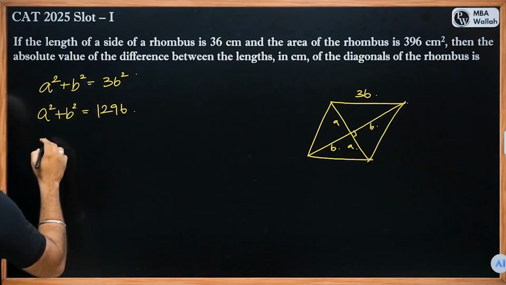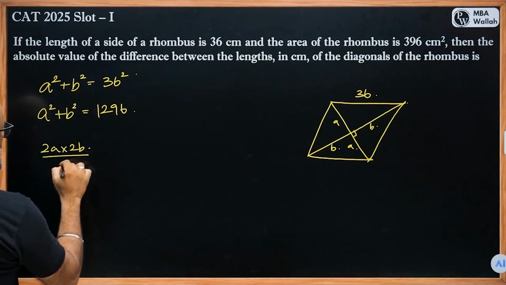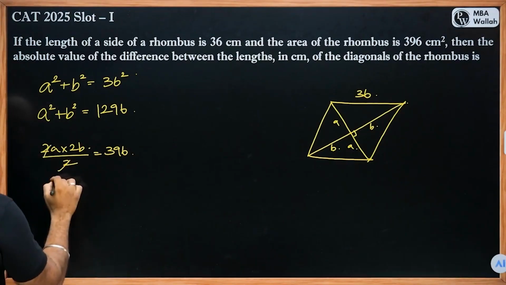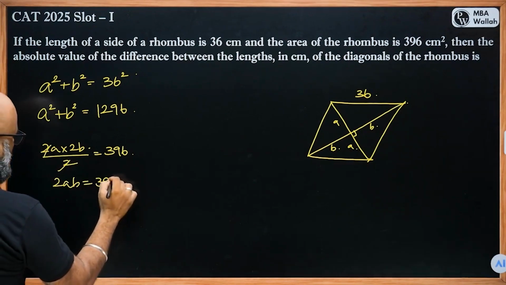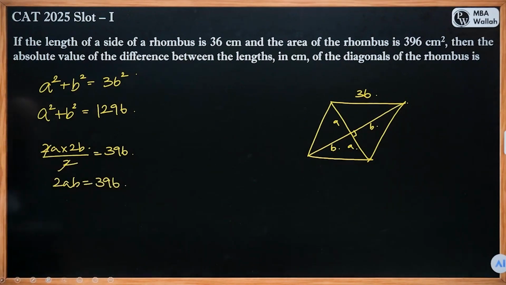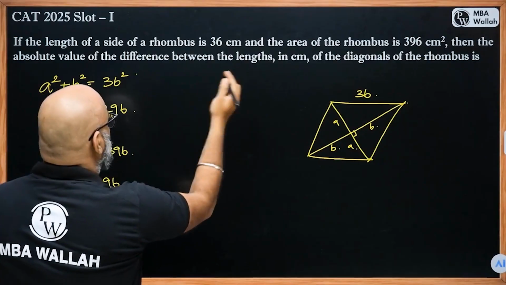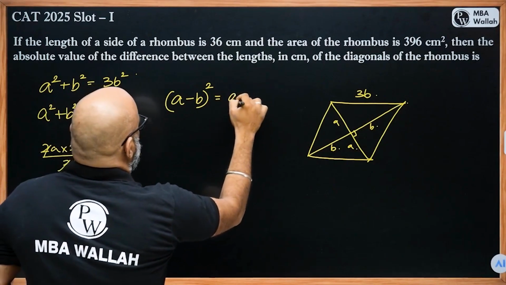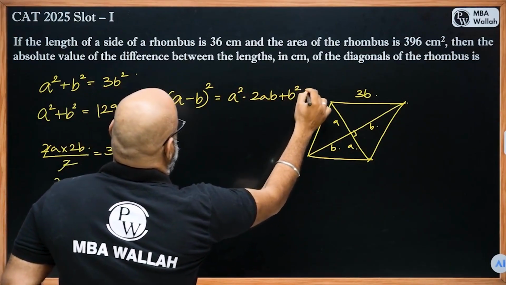So product of the diagonals will be 2a into 2b divided by 2 is equal to 396. Cancel it out. 2ab is equal to 396. I have a square plus b square, and then I have 2ab. So I can write this as, they are asking for the difference. A minus b the whole square is equal to a square minus 2ab plus b square.